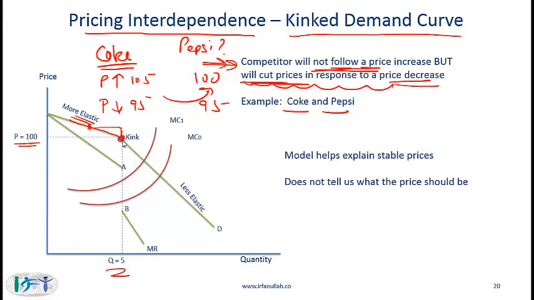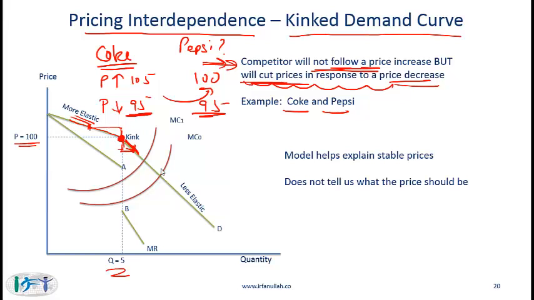So when the price goes down to 95, the quantity demanded will increase, but not by as much because there is no substitution effect taking place. Consumers will demand a little more cola overall because it is cheaper, but consumers are not substituting Coke for Pepsi or vice versa. So this part of the demand curve to the right of the kink is less elastic.